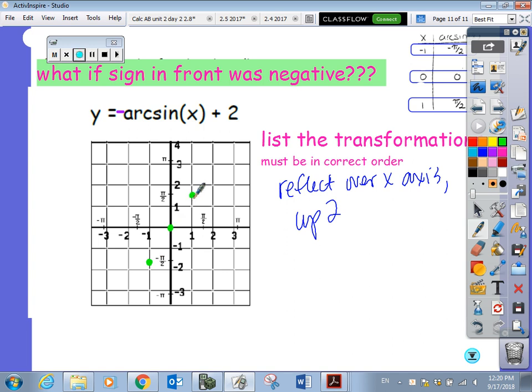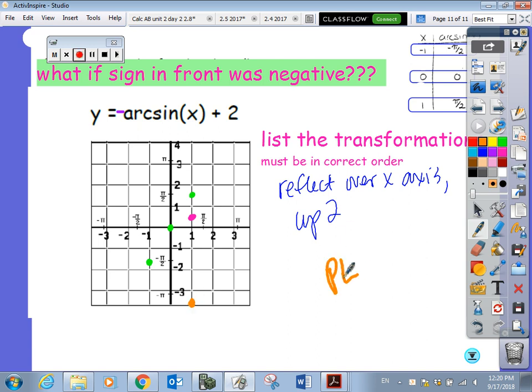If I reflect this over the x-axis, so I go down to negative pi over 2, and then up 2, that's where I end up. But if I had done that out of order and moved this up 2 and then reflected, I end up down here. So notice that order is very important.